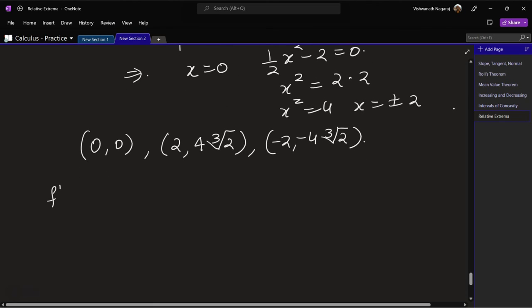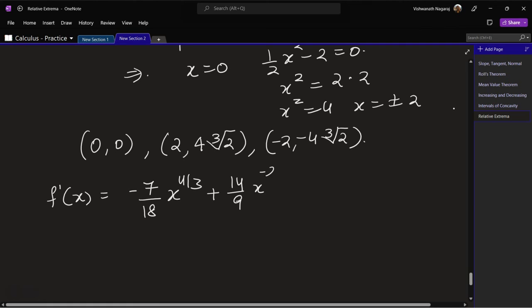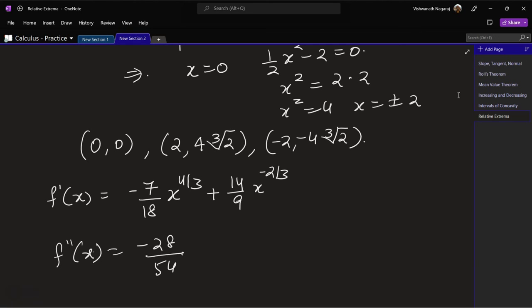So first derivative is f prime of x is equal to minus 7 by 18 times x to the power of 4 by 3 plus 14 by 9 x to the power of minus 2 by 3. So f double prime of x would be 7 fours 28 by 18 times 3, 54. Okay?